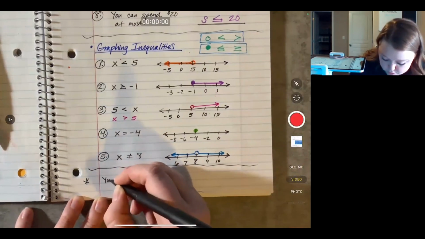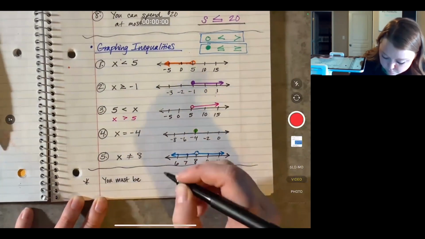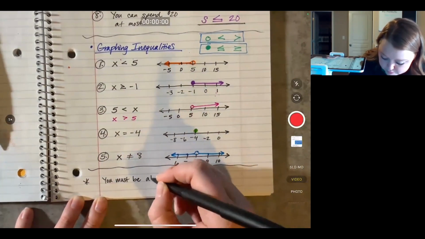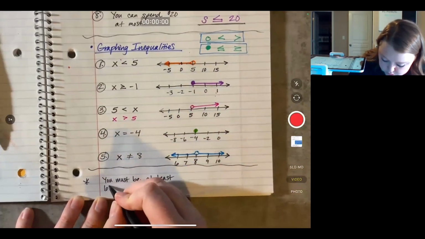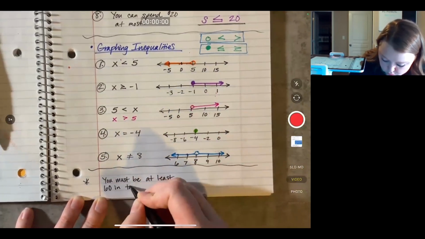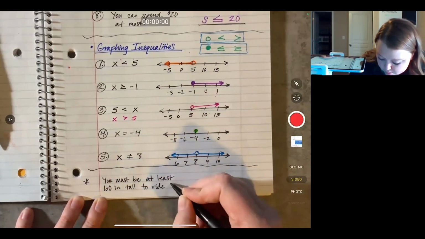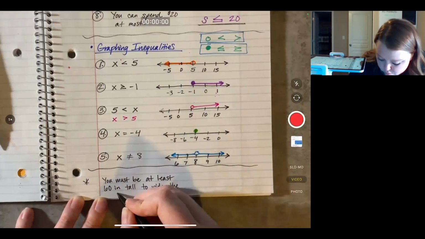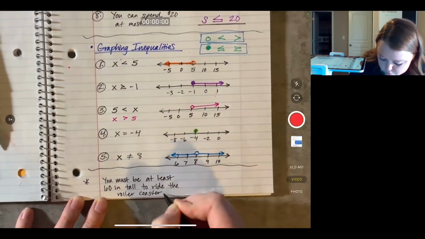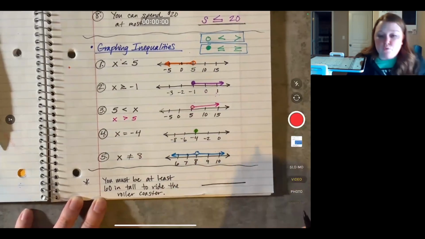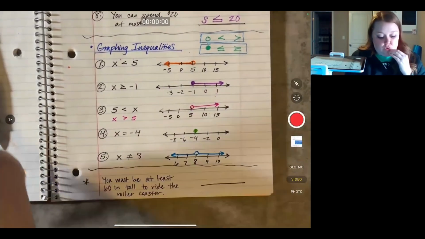You must be at least 60 inches tall to ride the roller coaster. You must be at least 60 inches tall to ride the roller coaster.